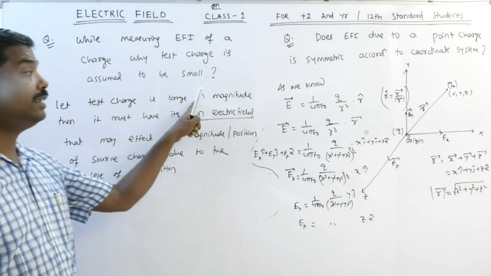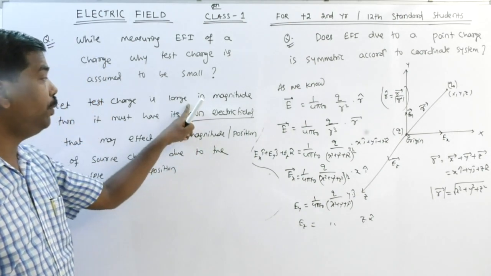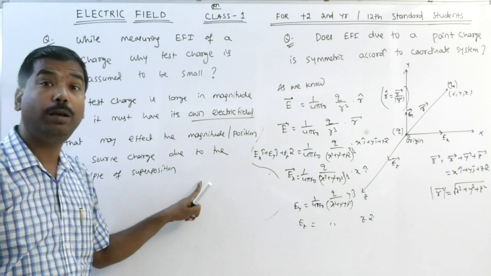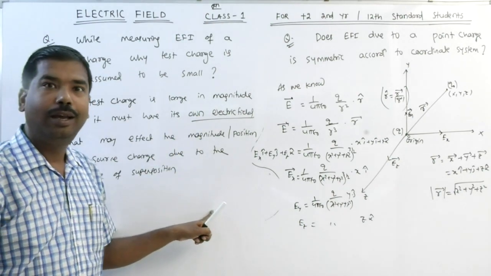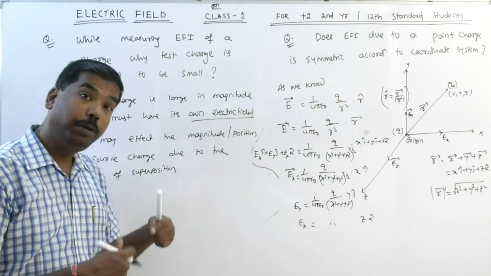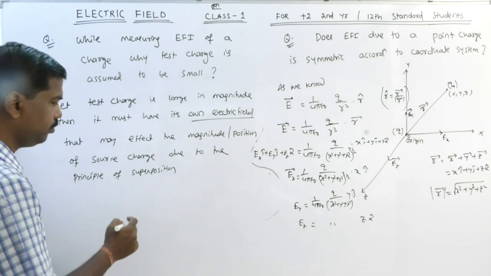Because if the electric field of the test charge is parallel to the electric field of the source charge, then it may increase. If it is opposite to the electric field of the source charge, then it may decrease. It means there is a variation of the net electric field.